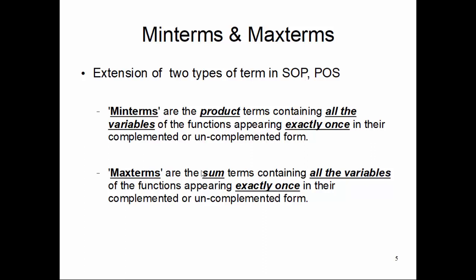Max terms are the sum terms containing all the variables of the function appearing exactly once in their complemented or uncomplemented form. That's the max term. We'll be looking at both of these terms and what they mean in detail in the next couple of slides. But again, this class will be more concentrating on the min terms.